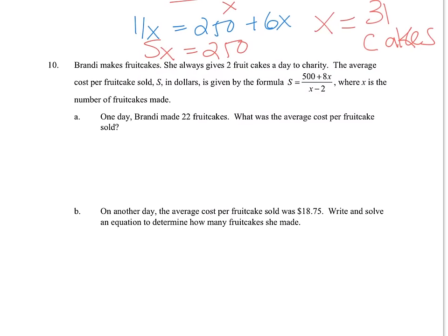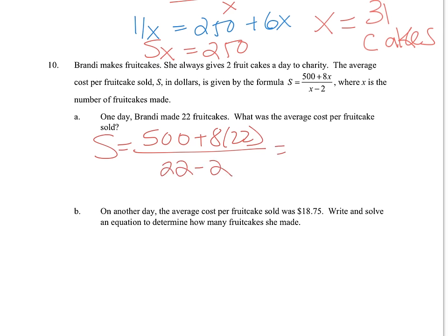All right, we'll do the same thing for 10. If she makes 22 fruitcakes, that is our x. And simplify that. We get $33.80.